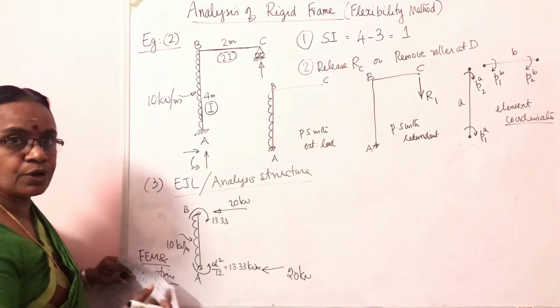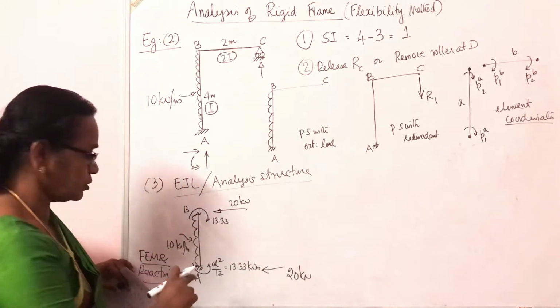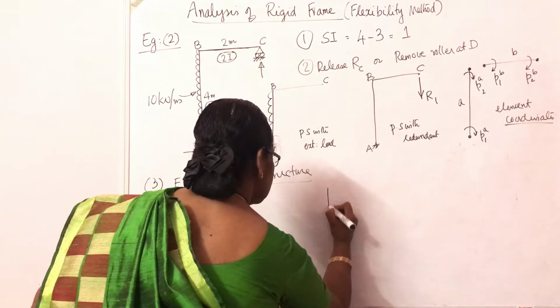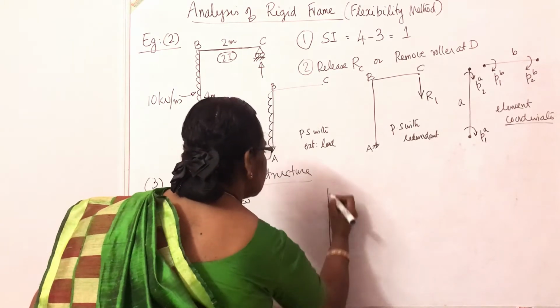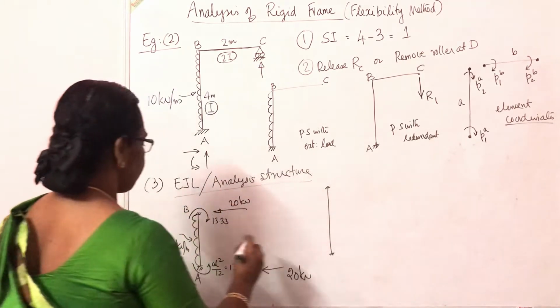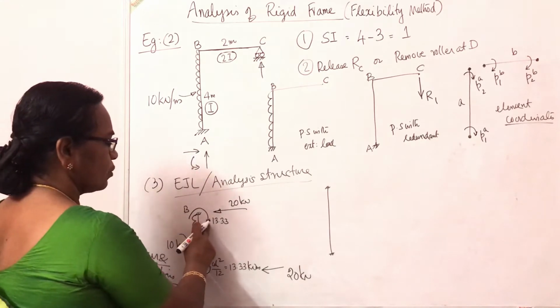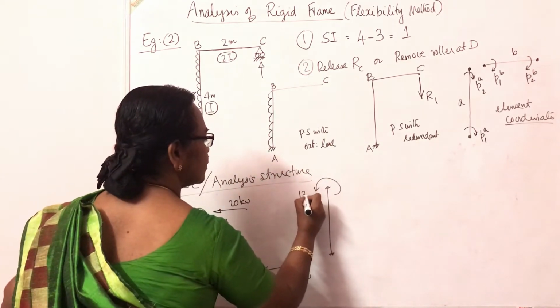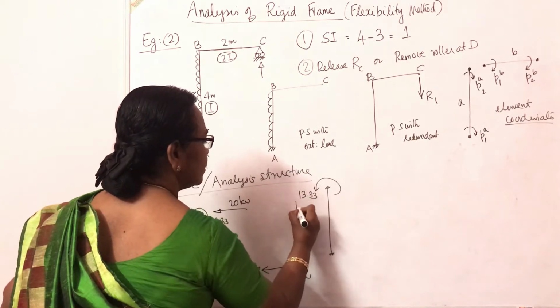Now what is equivalent joint load? Just reverse it. This is the fixed end moment. So the equivalent joint load will be this 13.33 clockwise moment. You reverse it. It will be anti-clockwise 13.33 kilonewton meter.